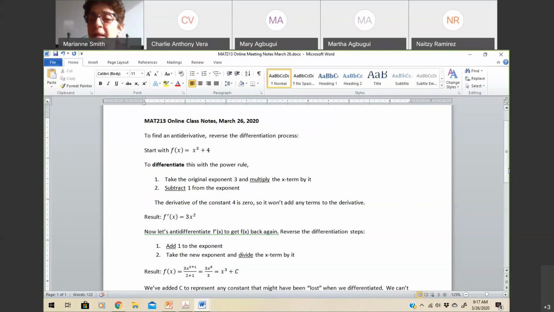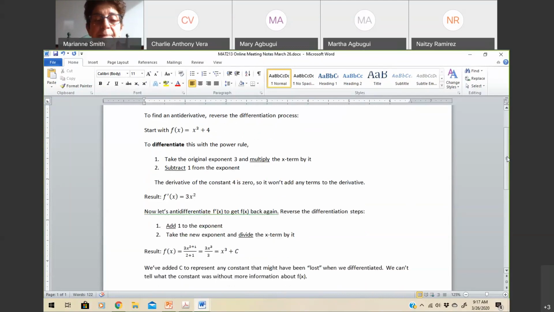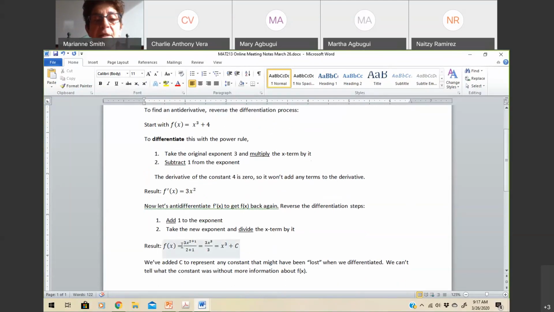Here's what happened when we actually applied it. We started with 3x squared, and the first step was add 1 to the exponent. You can see that up here: I have 2 plus 1 in the exponent. Trying to highlight it, but it's not working. There you go, there's the adding 1 to the exponent.